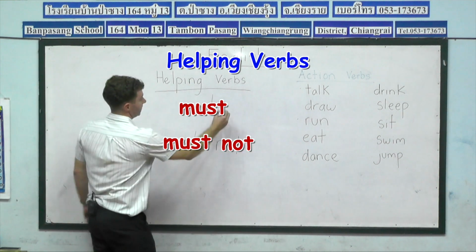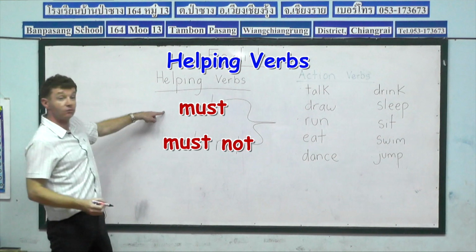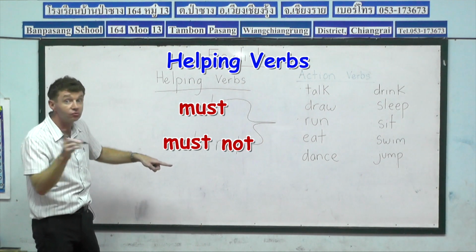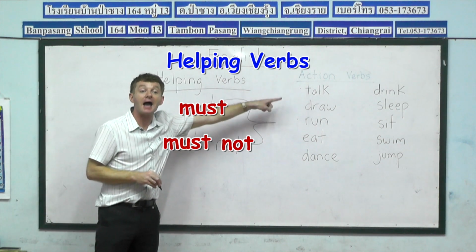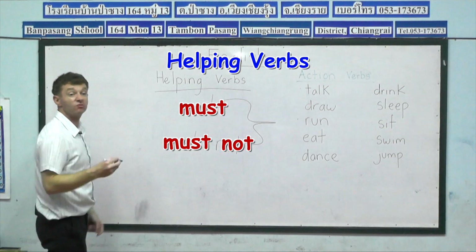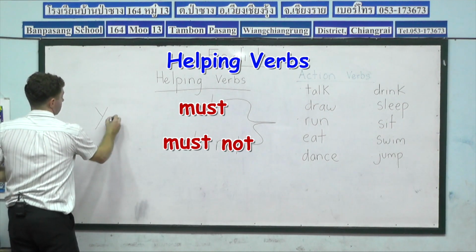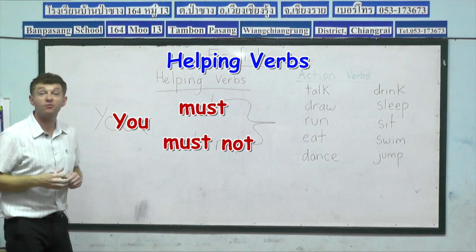So you can see we can use either one: if we have to do something, must, or if we should not do something, must not, followed by an action verb. And usually when we speak to someone, we say you. Y-O-U.